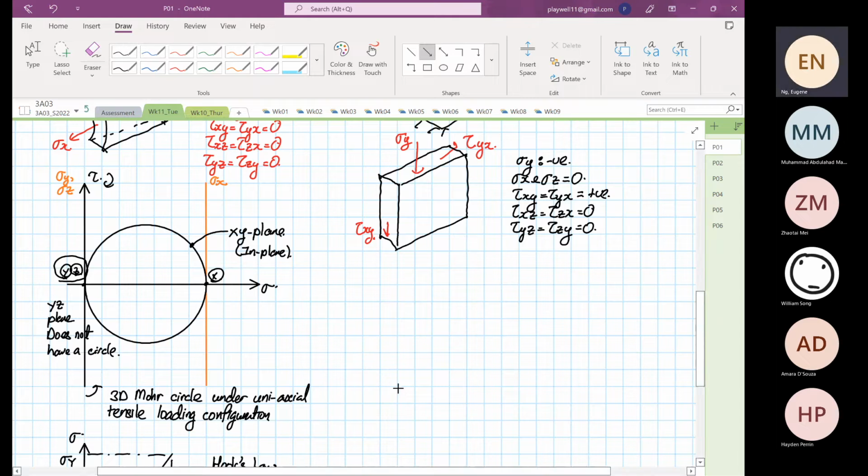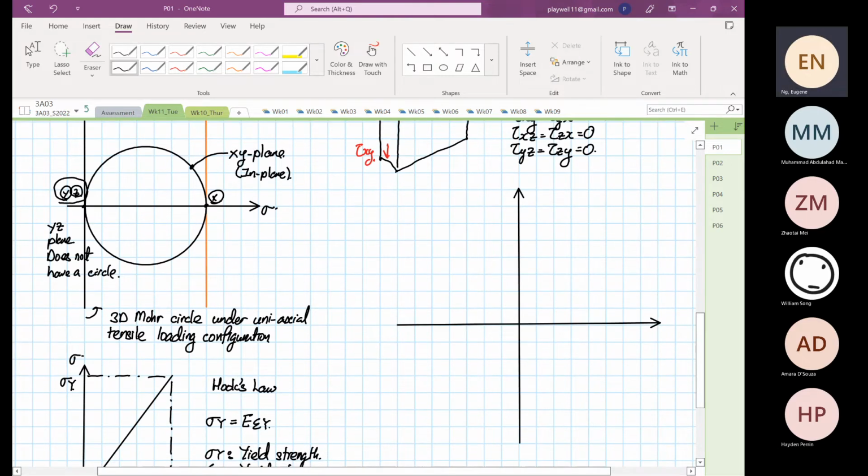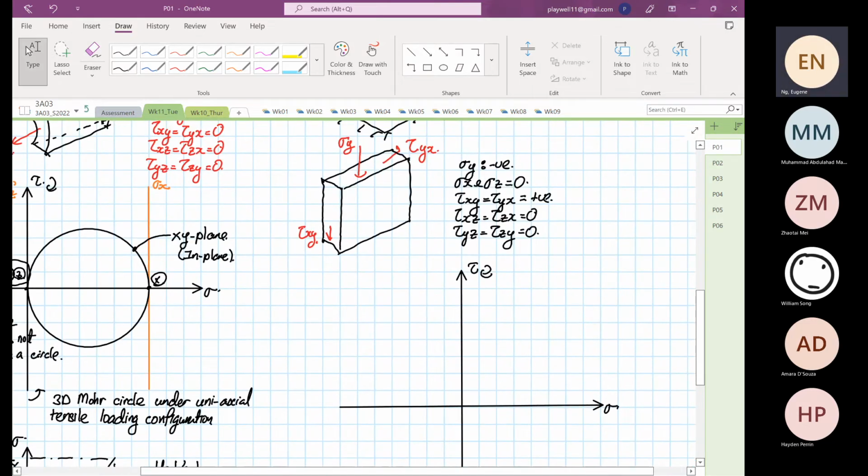So this is normal stress, shearing stress. Okay, so this is our normal stress. This is our shearing stress. Element rotate clockwise, element rotate anti-clockwise. So we know that this is our stress Y line.